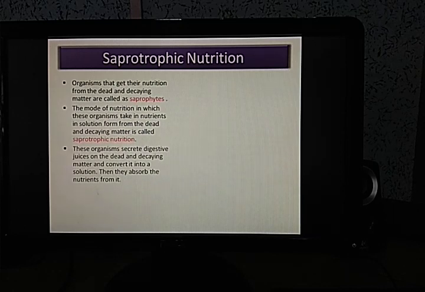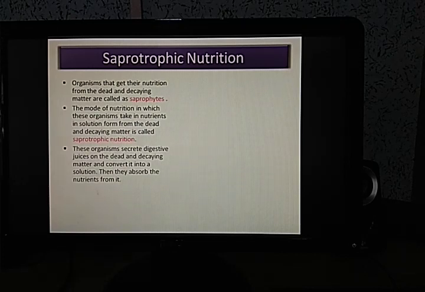Now how do they get their nutrition from the dead and the decaying matter? These organisms secrete digestive juices on the dead and decaying matter and convert them into a solution. Then they absorb the nutrients from it. We all know the dead plants or animals get decayed after some time. How do they get decayed? Due to these organisms.